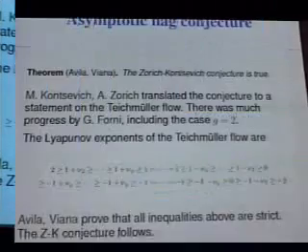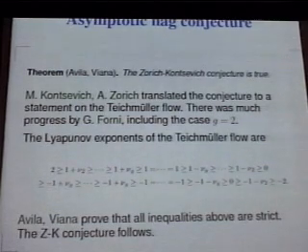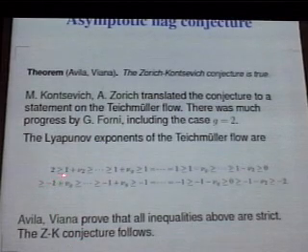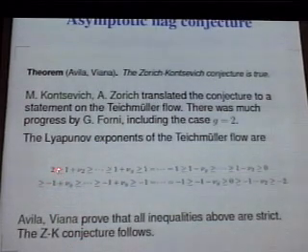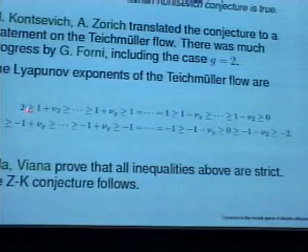So the existence of these numbers comes out from general dynamics theory. The fact that they have this symmetry has to do with the symplectic structure that is preserved by the Teichmüller flow. And actually, Veech proved that this inequality here is strict, so that the first exponent that appears is strictly smaller than 1.